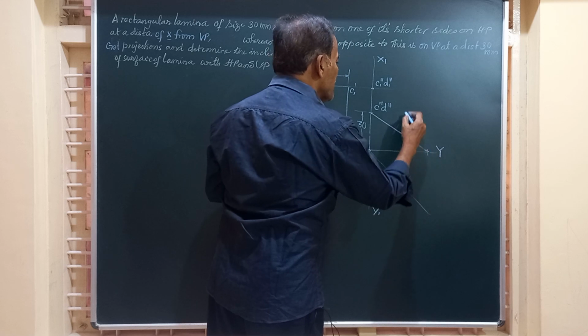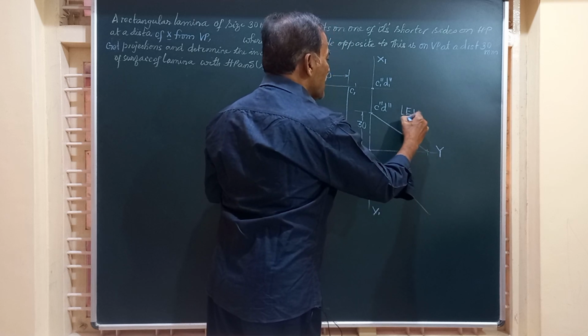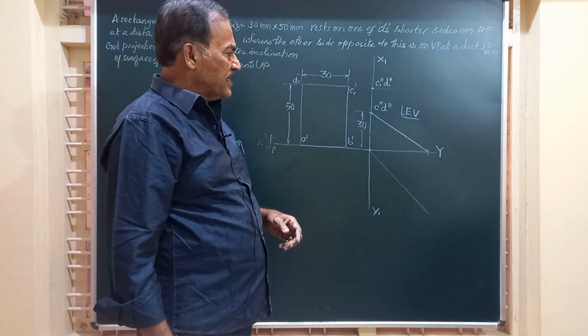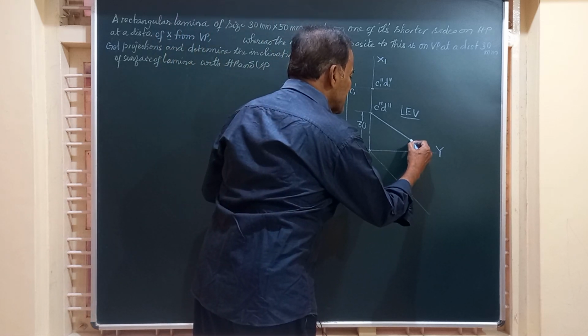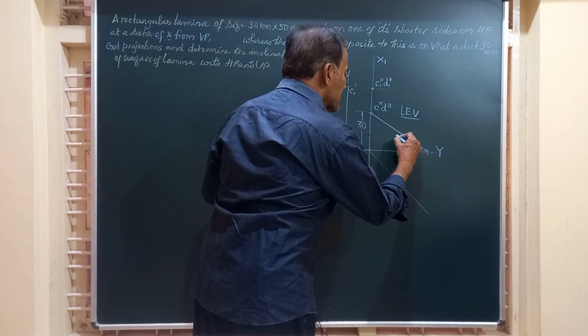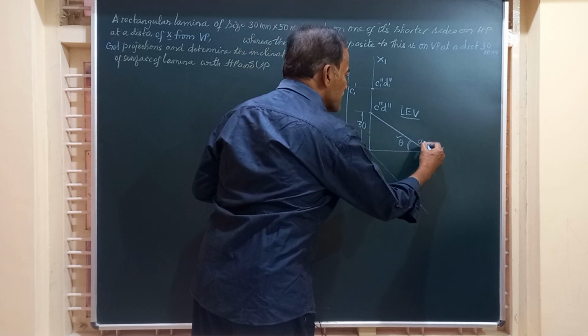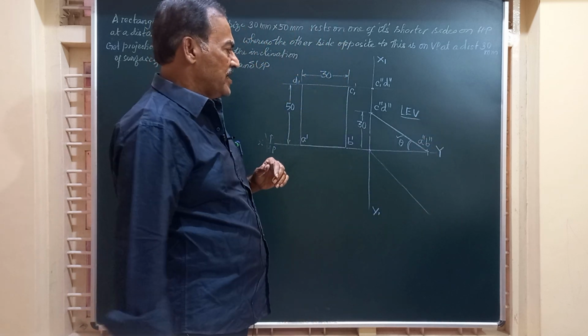Friends, this line will give you the final end view or left end view of the lamina. This is the final end view of the lamina. And friends, you can immediately find out what is theta, the angle made by the surface of the lamina with HP, and this point is going to be A double dash, B double dash, which is on XY.